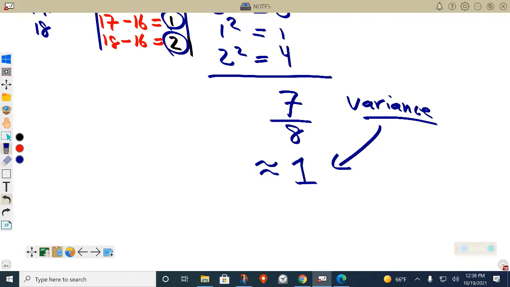Cruz, you with me? What's the last step, Cruz? What does it say for step 5? Take the square root of the variance. There it is. I'm going to take the square root of 1. And notice, sigma, the standard deviation, is the square root of 1.